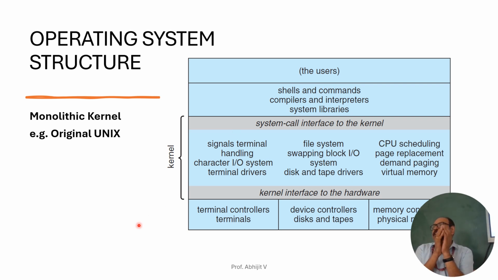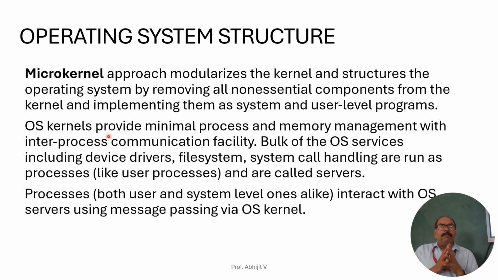Having seen that monolithic means single, microkernel means you'll be having multiple small programs. Very easy to understand. So we'll see what the microkernel approach in building an operating system means. In a microkernel, the entire program is divided into micro modules. You have this modularization. Modularization means you are dividing it into different kinds of modules.